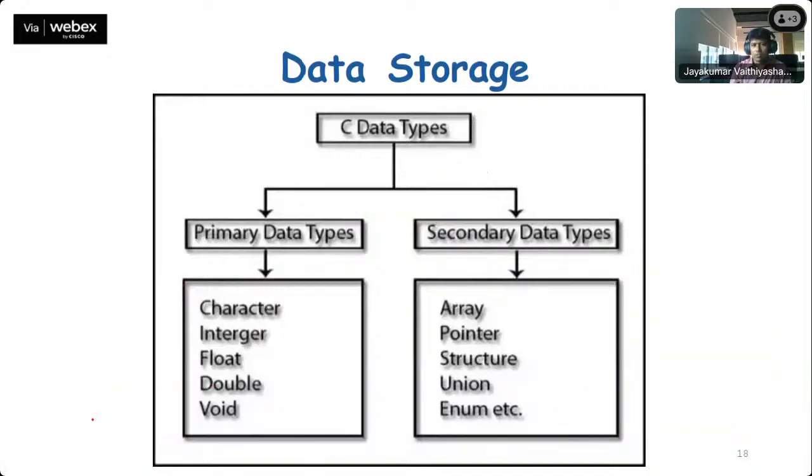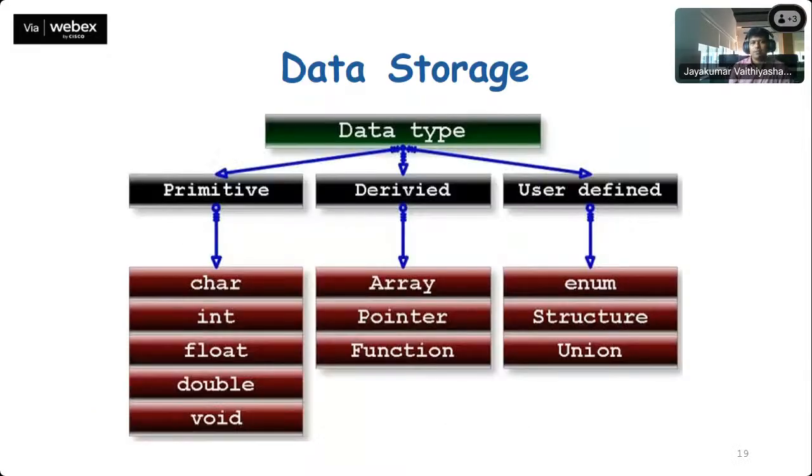To cut short, data types can be defined into three categories again. One is primitive, which is system already defined. So you can use all these data types to create a derived data type, and you are able to do user defined data types also. In derived, you can also do user defined, like enum and structure.